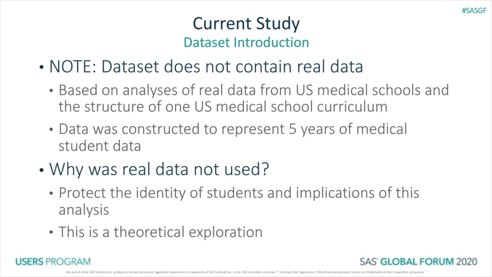I just wanted to perform this analysis to make sure that it was feasible for me to use propensity scores within the question that I had. I didn't want to use the real data to do that. So I created my data based on real data and then ran my analyses just to see how it would look. So that's why none of this is real data, but it's very close to real data. It's using the same boundaries and pretty much the same structure.